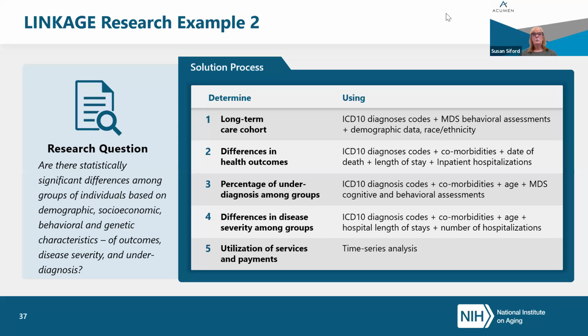And this just goes through narrowing it down from your long-term care cohort, looking at the difference of health outcomes, the percentage broken out by the underdiagnosis of those groups, and differences in the disease severity. And then doing a time series analysis on utilization of services and payments to determine what that actual impact is.